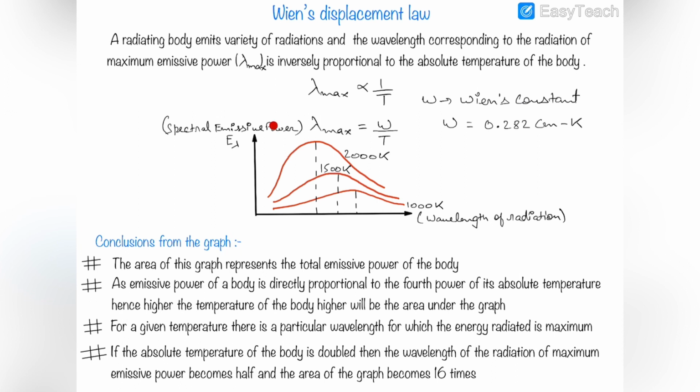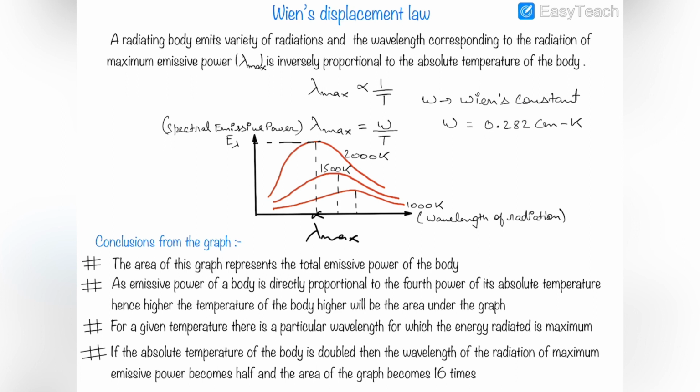So if I plot the graph of spectral emissive power with the wavelength of the emitted radiation, then this graph appears to be like this, which means that you can see that this peak represents the maximum spectral emissive power, and the wavelength corresponding to this peak is lambda max.